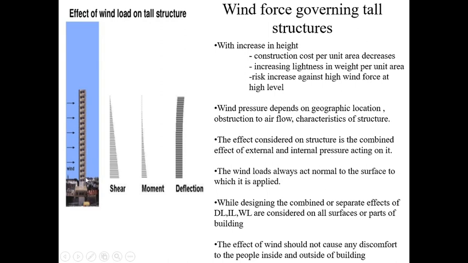Then the moments are maximum at the fixed end, or we can say the fixed base here, and the deflection you can see is maximum at the top level. Here as the wind is acting, the deflection is maximum at the top, the moment is maximum at the bottom to resist it, and also the shear is maximum at the bottom.